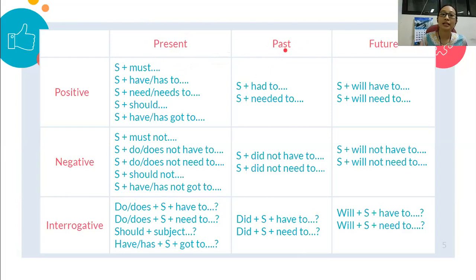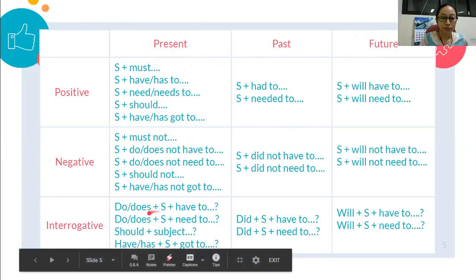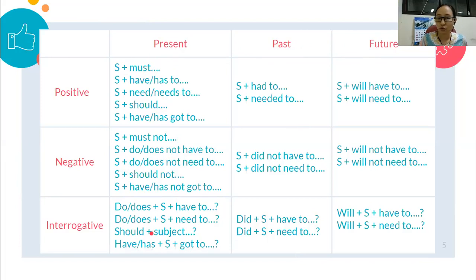Jadi must-nya tidak ada perubahan bentuk. Hanya ditambahin adverb of time saja. Untuk yang future, I must go tomorrow. Tinggal tambah adverb tomorrow. Tapi must-nya tidak ada perubahan bentuk. Di sini must hanya ada bentuk positif dan negatifnya. Untuk bentuk pertanyaannya or interrogative, must tidak bisa digunakan.